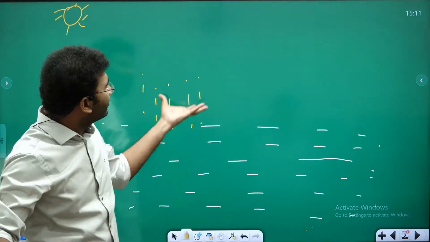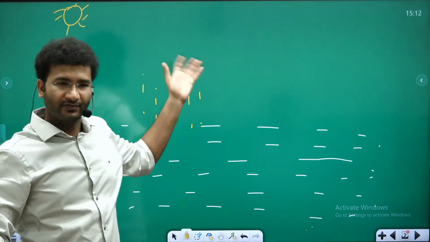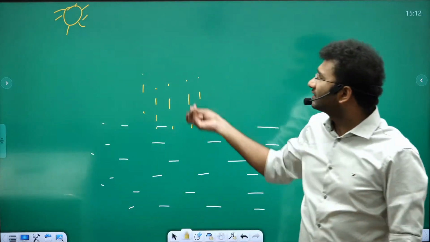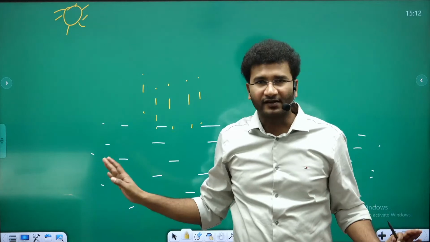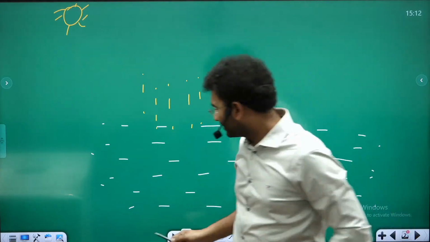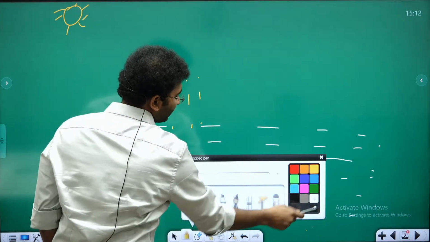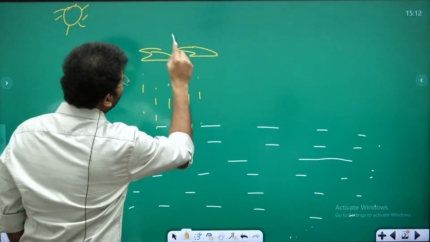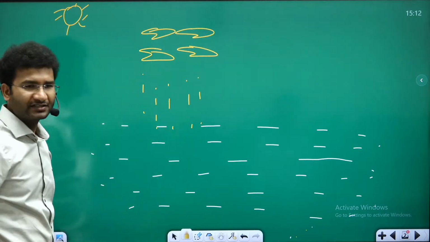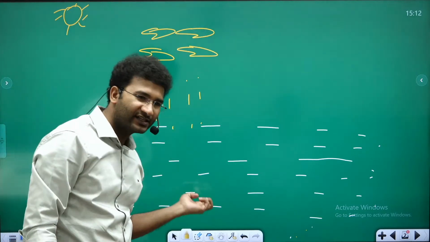So there is continuous evaporation that will take place. Clear? Now, once it evaporates, obviously the rainfall will also be in the same area. Clear? But now let's bring the factor of winds into this. So before that, imagine these are the clouds that are formed if there is no presence of wind, and the rainfall will also be in the same area.